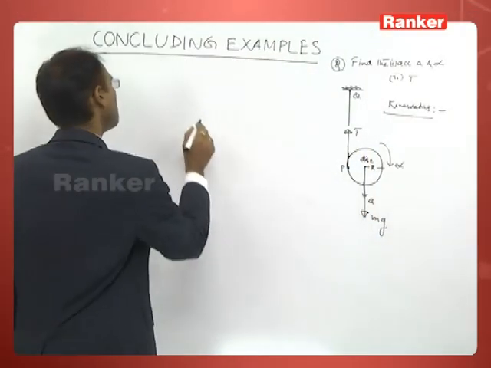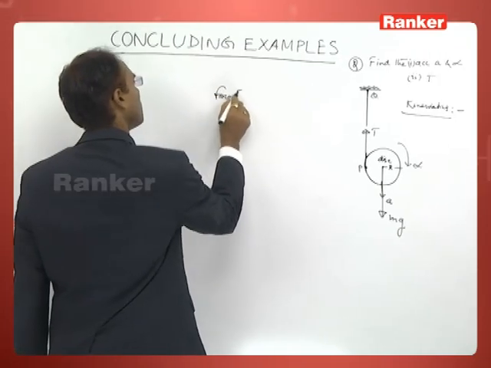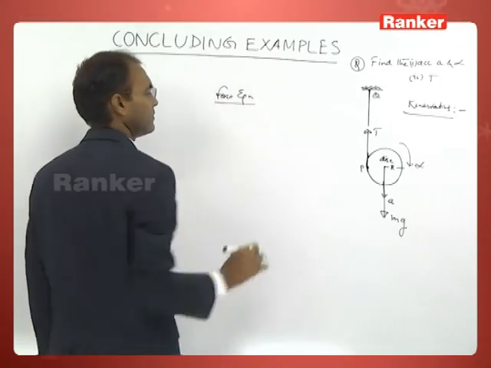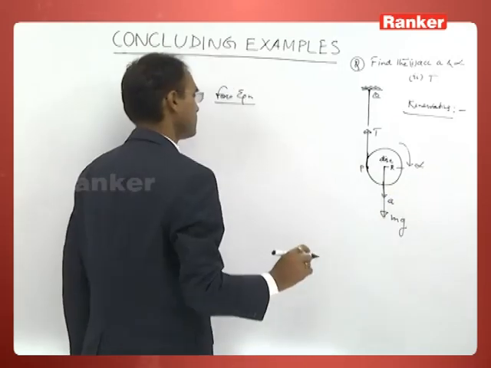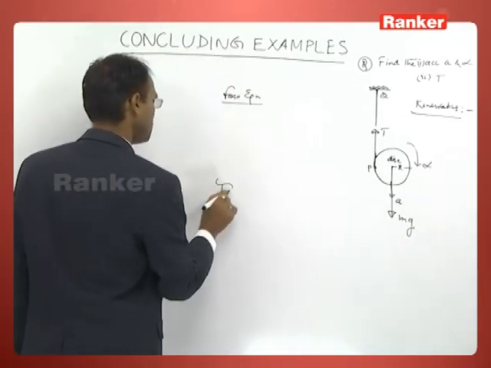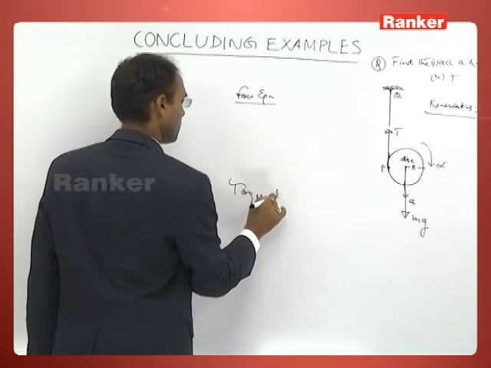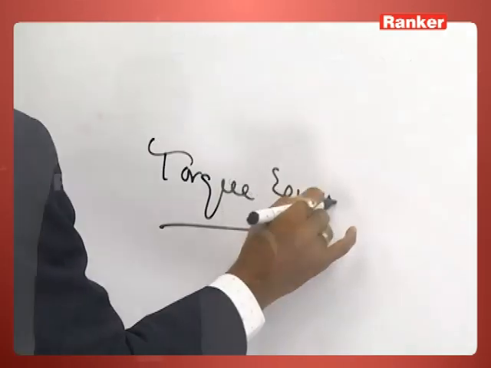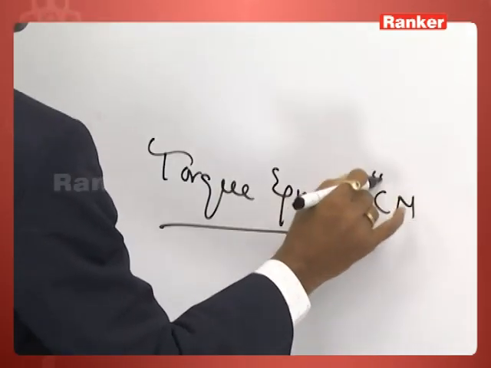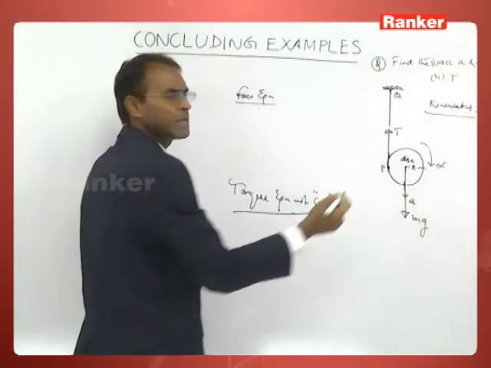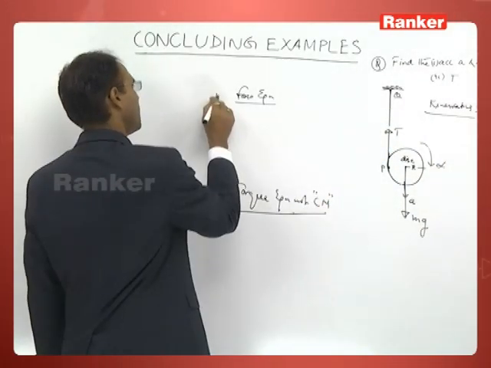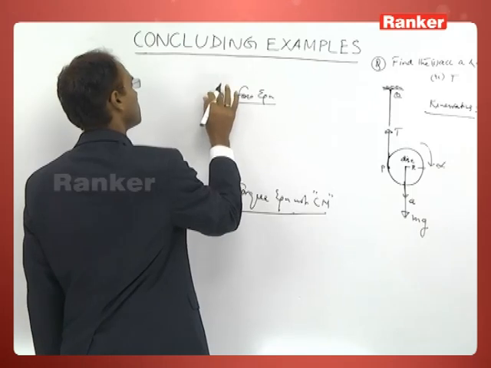Let us write the force equation with respect to center of mass. Then you can write torque equation with respect to center of mass. Then kinematical equation. So let us start with the force equation.